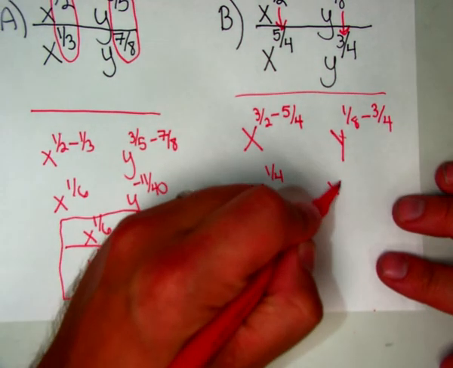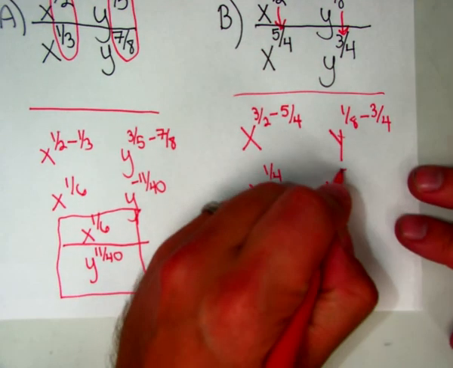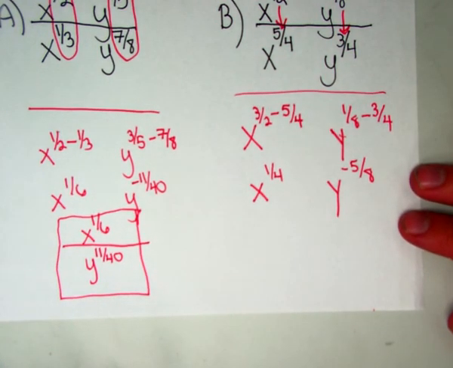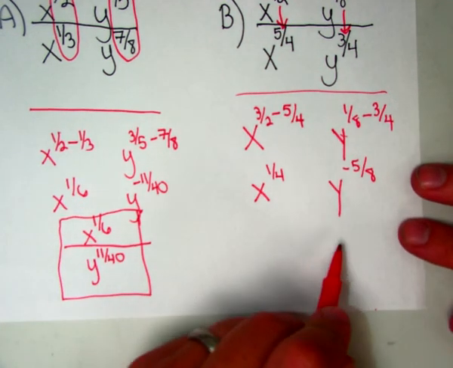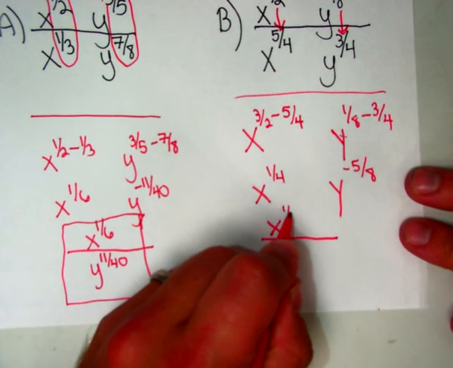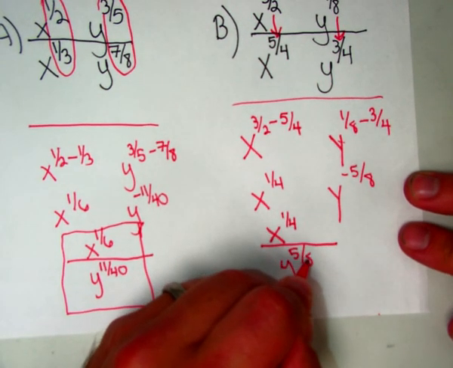And over here we have 1/8 minus 3 over 4. We end up with negative 5/8. So just like the previous problem there, when we simplify, because we have a negative and a positive, the positive will stay where it is, and the negative will get moved down to the bottom, and that is it.